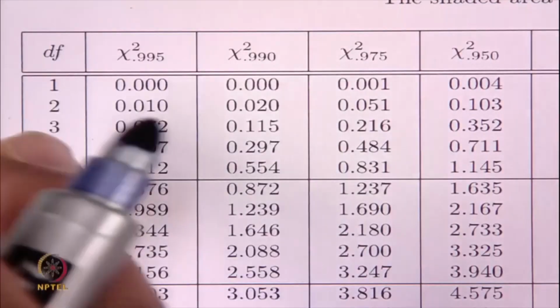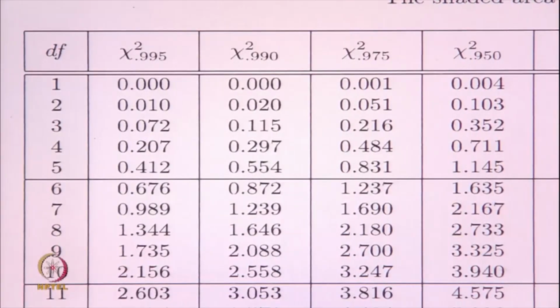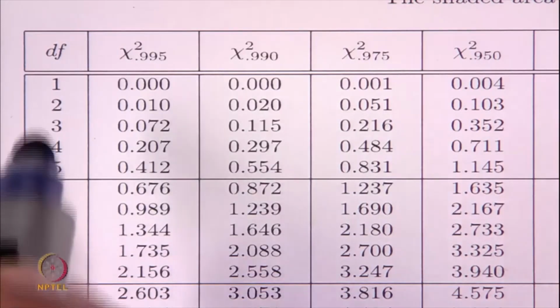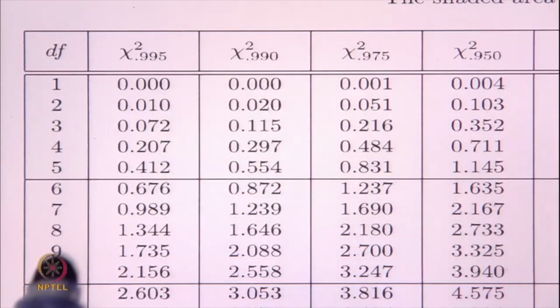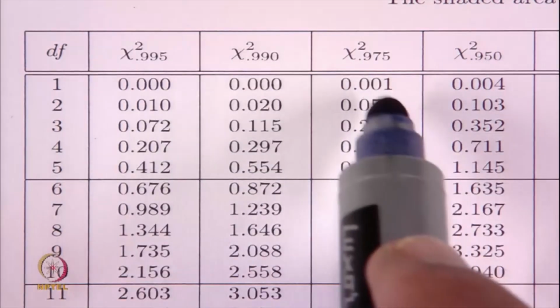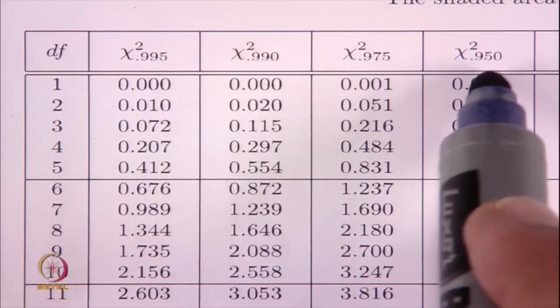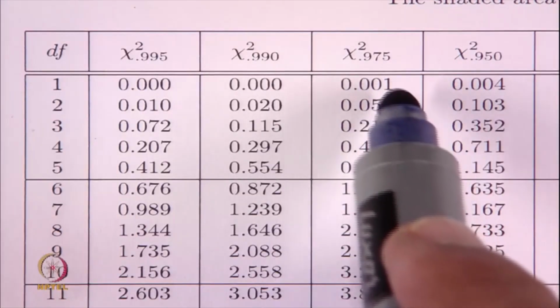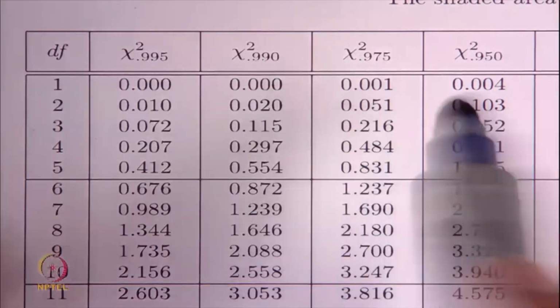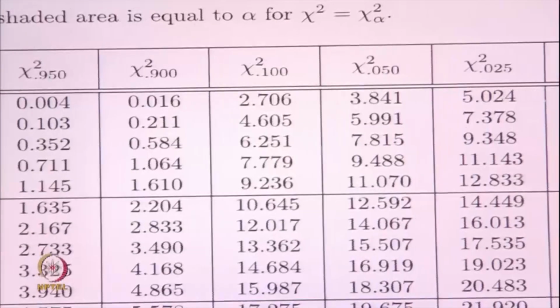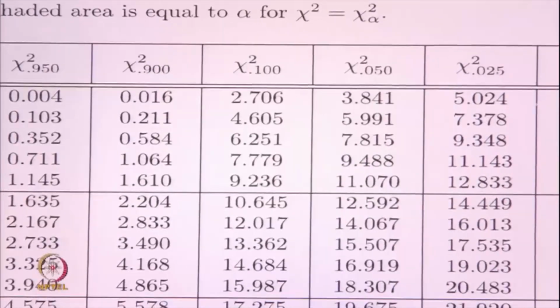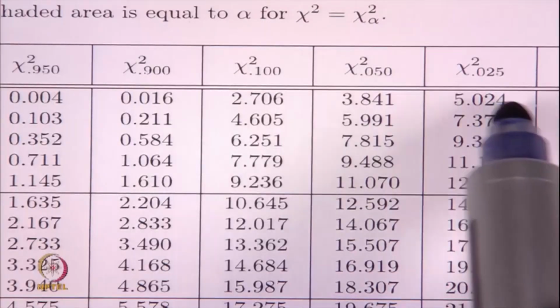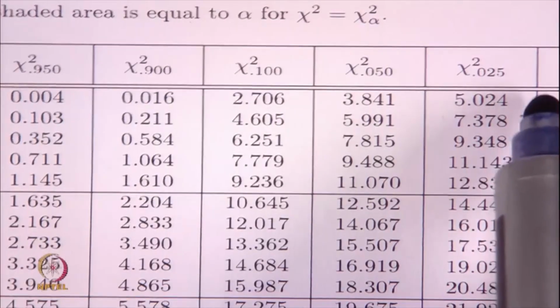If we look at the table, we will find that the values are given for different degrees of freedom 1, 2, 3, 4, and here you can see the values tabulated are for 0.975, and if I go further to the right, we can see the values are tabulated for 0.025.